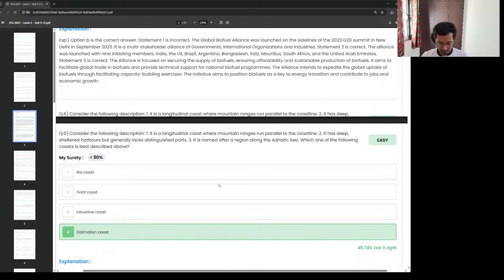Then page. Let me mark this here as well.